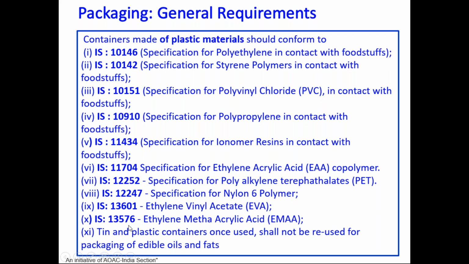All these are standards made by the Bureau of Indian Standards, and the plastic or packaging material used must conform to these standards. According to this standard, once tin or plastic containers have been used for packaging food, they should not be reused for packaging of edible oils and fats.